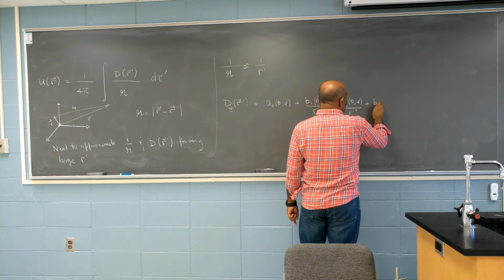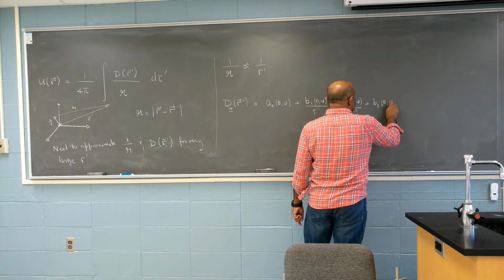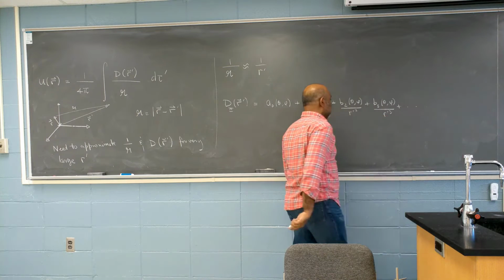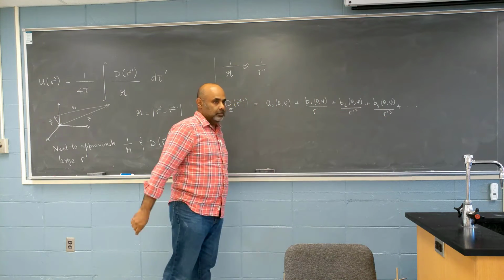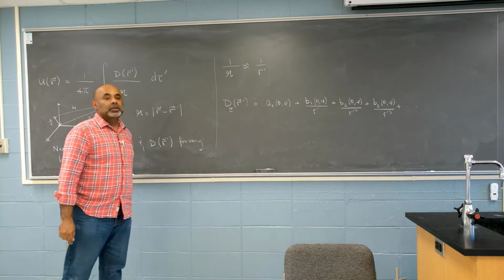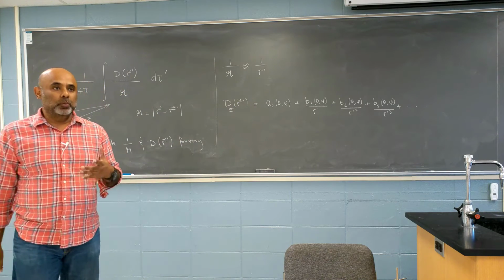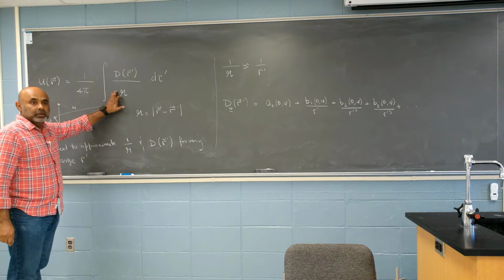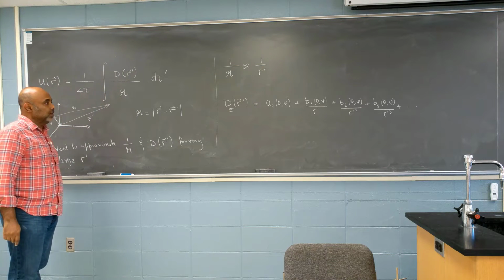Now you wonder why I'm going to write this far out and not anything more. You will see where the problems lie and when this quantity will actually be integrable when you integrate over all space.